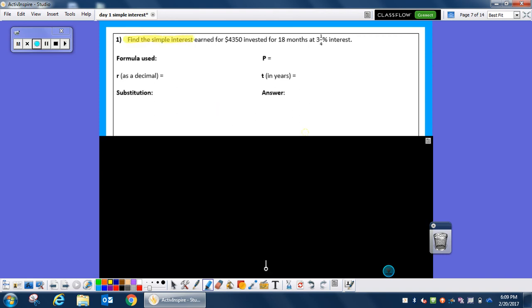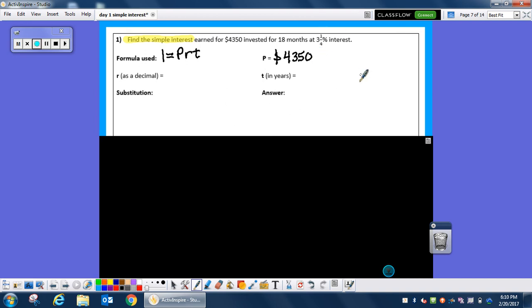So we're going to use our simple interest formula, which is I equals P times R times T. The principal is the initial amount you earn or you invest or you borrow. In this case, it's going to be $4,350.